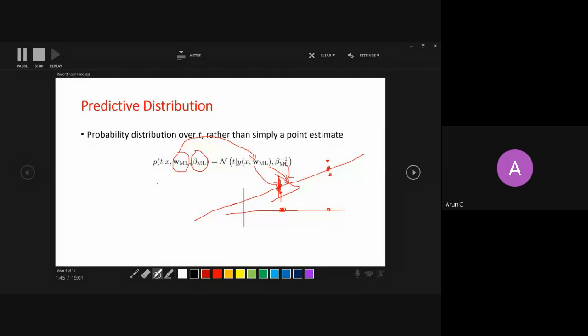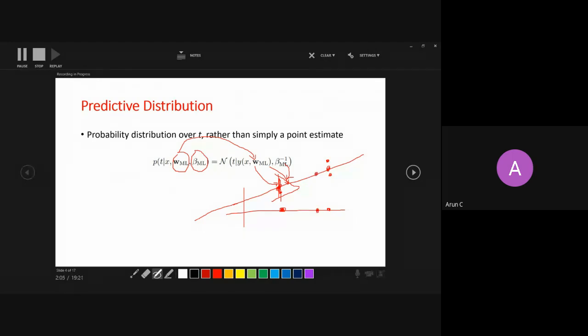So here I'm going to say that at first, when we were estimating by minimizing the sum of square error, we always had one prediction for a given x, right? And that one prediction was a line. For this x, the only prediction we had was this.